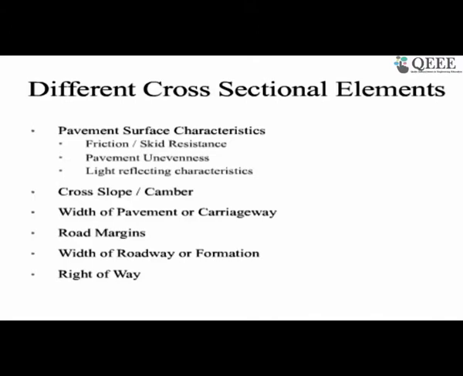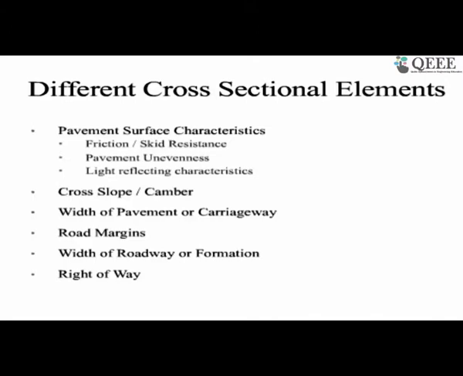it helps. The other cross-sectional elements are the cross slope or the camber. When you travel on the roadway, you will see that the road is inclined on both sides from the center line. Why we provide it and how much inclination we should provide, the slope, we will be discussing.